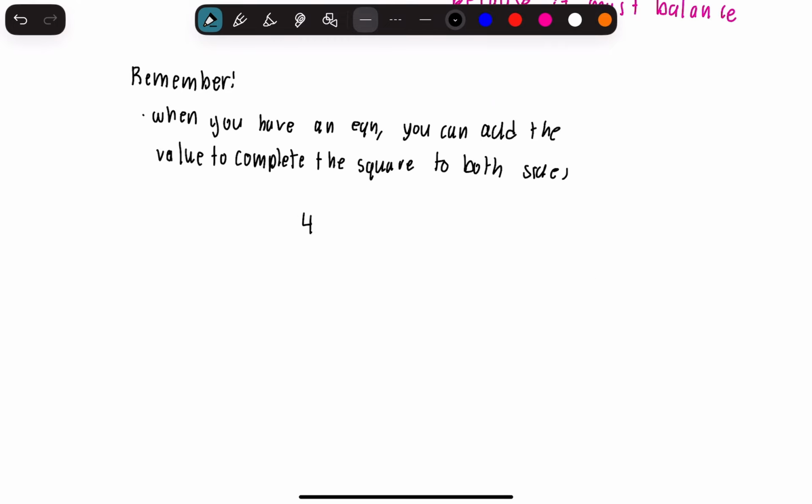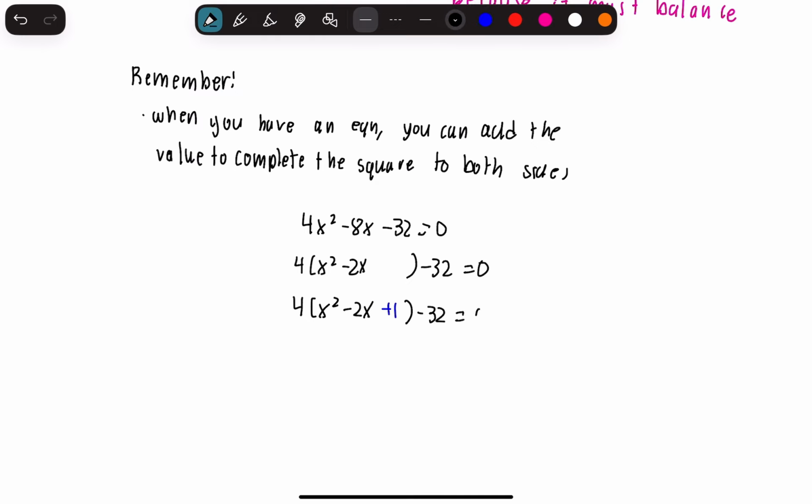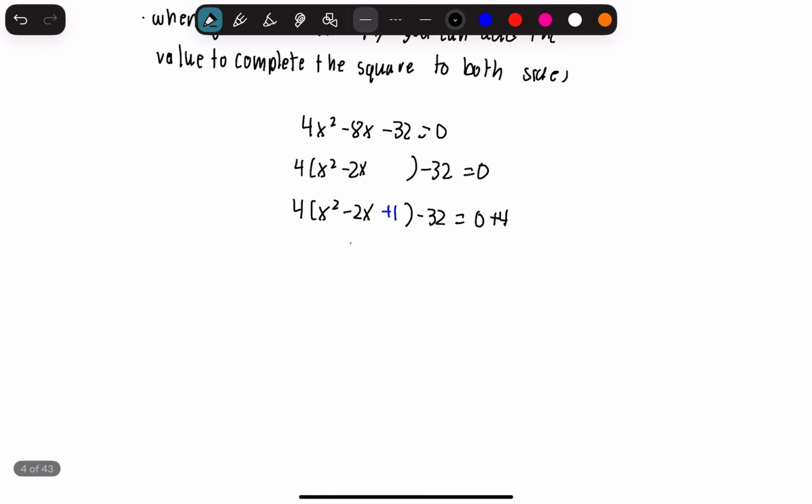So again, we have 4x squared minus 8x minus 32 is equal to 0. Then you have 4 times x squared minus 2x, minus 32 is equal to 0. Then you have 4 times x squared minus 2x plus 1, minus 32, equals 0 plus 4. And then you have 4 times x minus 1 squared minus 32 is equal to 4. And then you continue from there.